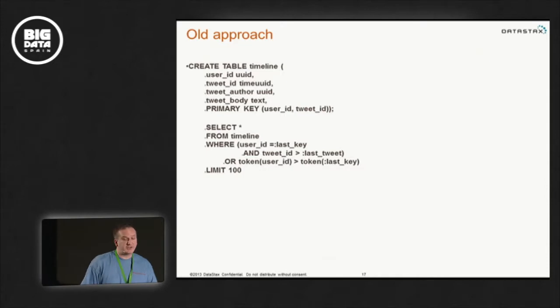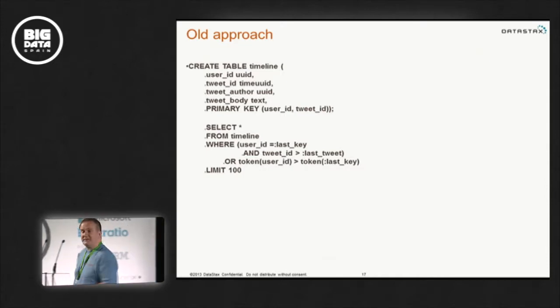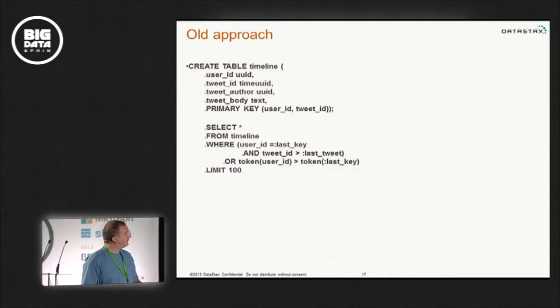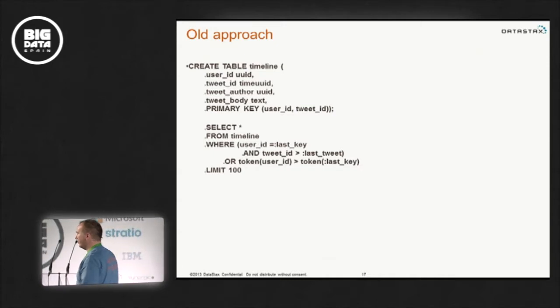We also have CQL cursors now. So let's say I've got a table, just storing tweets or something, and I want to know about specific data, but I don't really want to select across a terabyte of data and pull it all back at once.